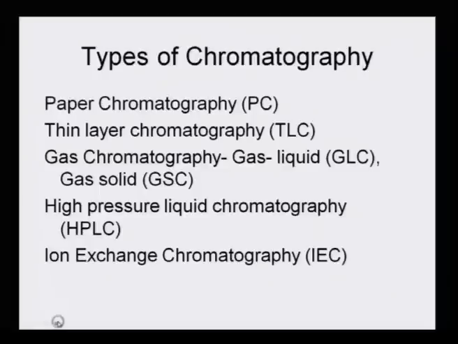Now, paper chromatography is actually obsolete, but it is important to mention to the students that it was the first chromatographic technique invented, and paper was used as the stationary phase. However, in due course of time, newer techniques came into being and paper chromatography became obsolete.